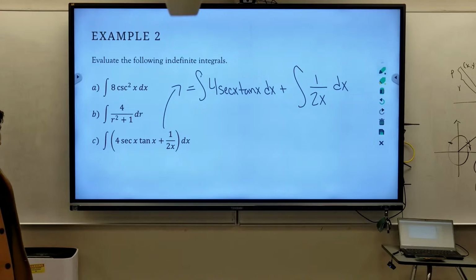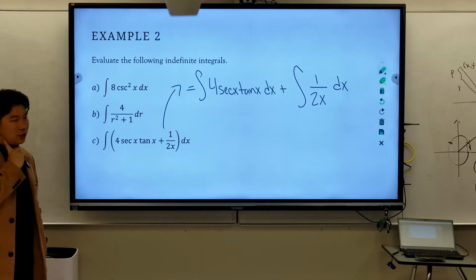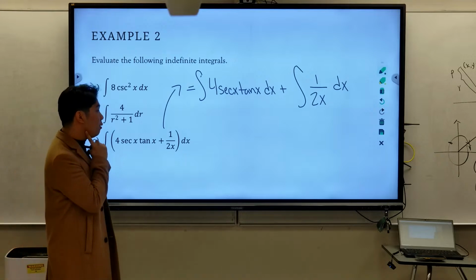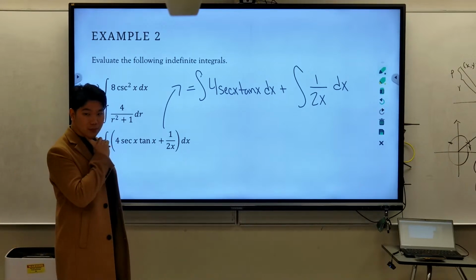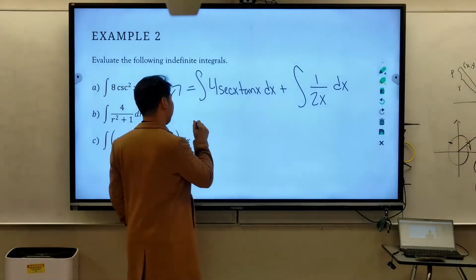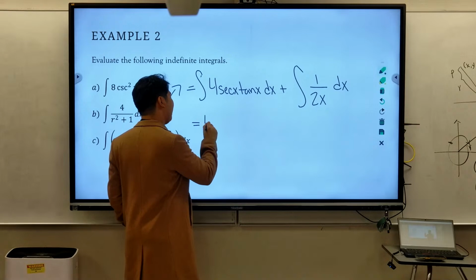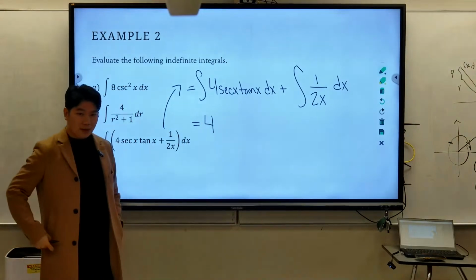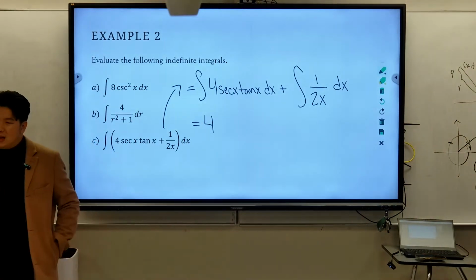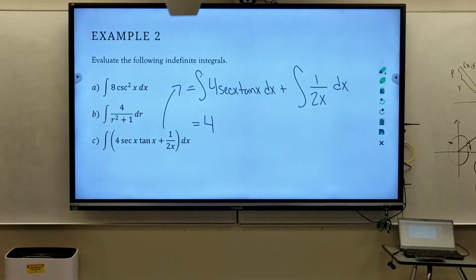So let's focus on the one on the left. Does anyone have an idea what I can do to try to figure out what this integral is equal to? Yeah, so the 4, I can keep along for the ride. And now I have to ask, what is the integral of secant x tangent x? Or in other words, the derivative of what function gives me secant x tangent x?